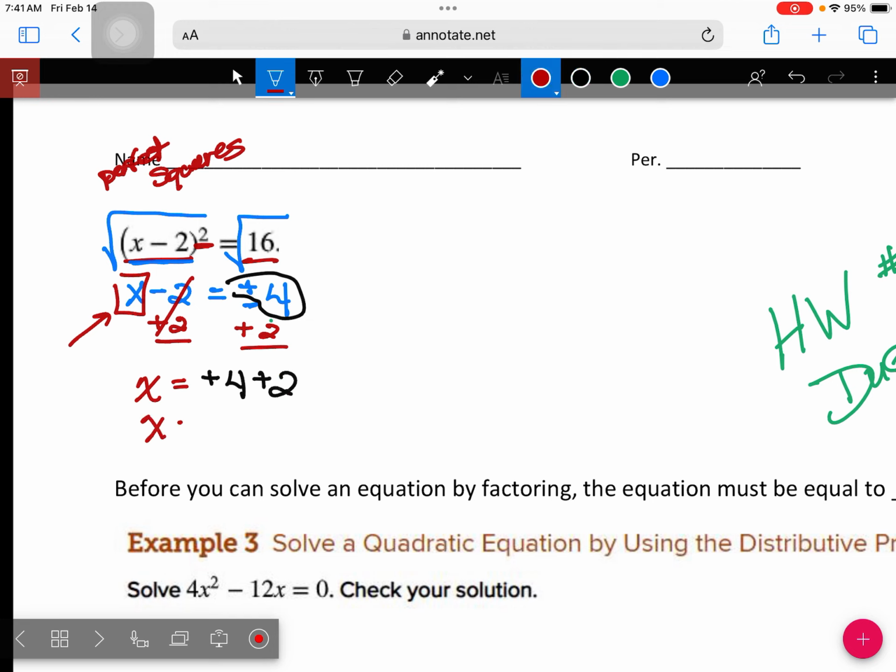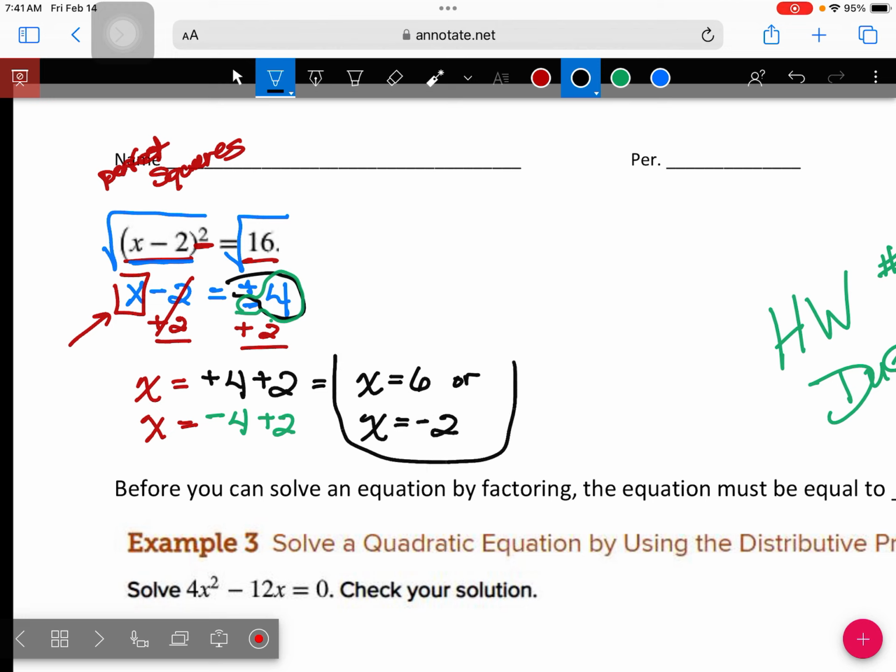And x is also equal to the negative 4, the bottom part, negative 4 plus 2. So when I substitute that in, I get x is equal to 6, or negative 4 plus 2, x is equal to negative 2. Those are your 2 answers.